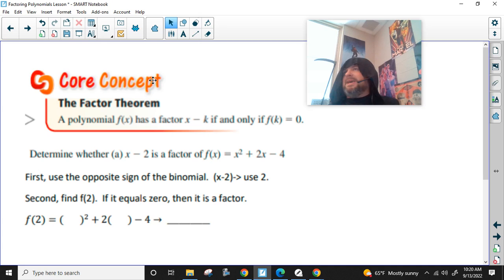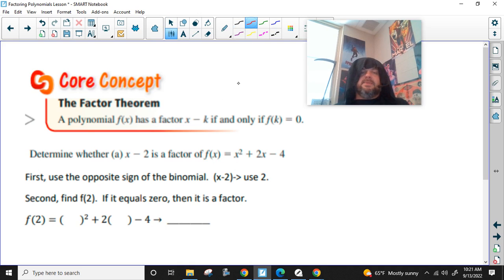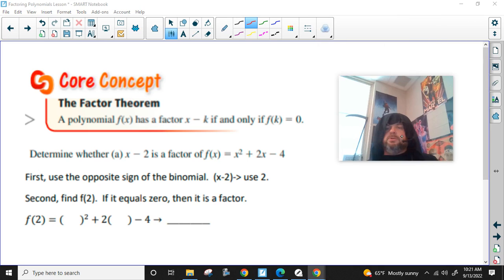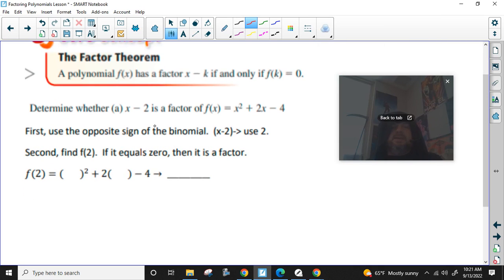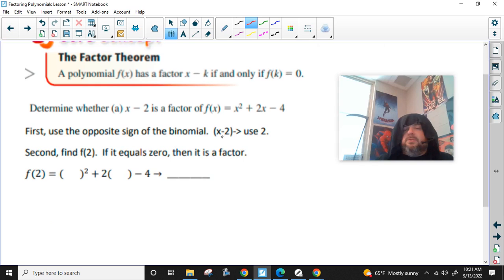Now, kind of like what we were doing with synthetic division yesterday, there's this factor theorem that says that we can actually determine if this right here, if we were to divide this, would it give us 0? Would we get something with no remainder? So what we would do, kind of like yesterday, is first you put the opposite sign of the binomial.